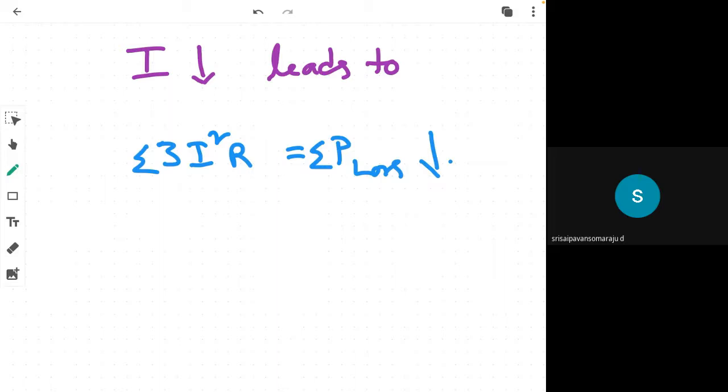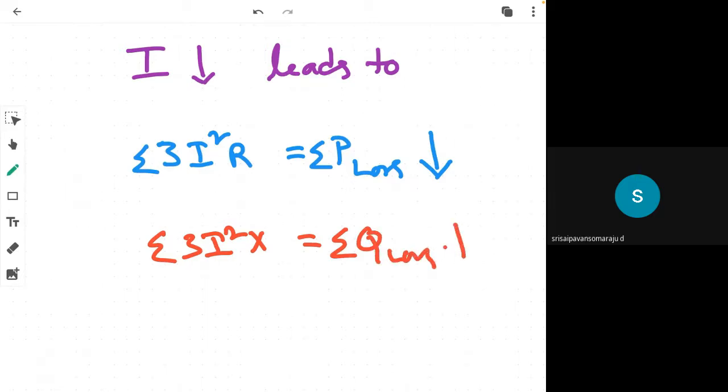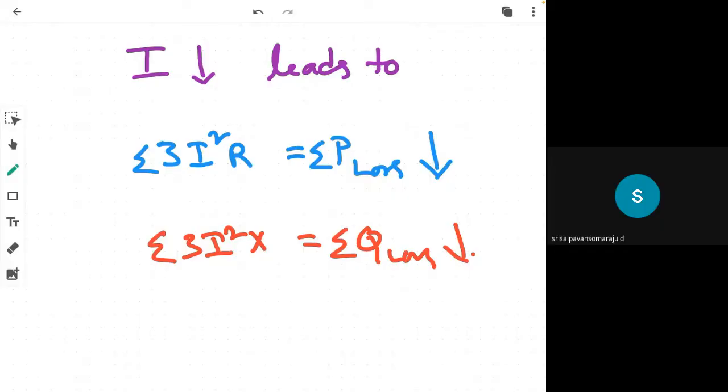Not only that, sigma 3I square X loss, the Q loss, can also be decreased. So this is the advantage of the reactive power compensator in an interconnected power system.